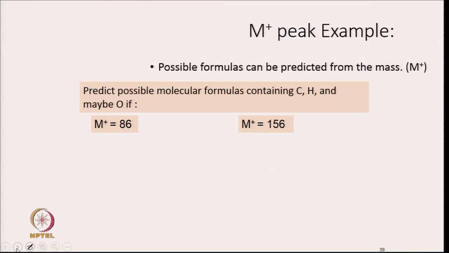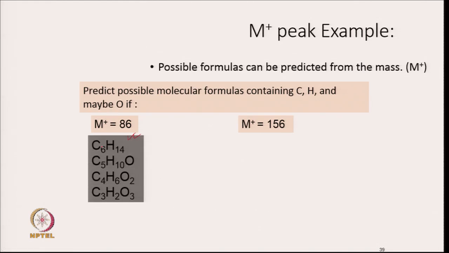Okay, so let us see whether we can predict the formula from the mass. Suppose your molecule has carbon, hydrogen, or maybe oxygen. If M plus is equal to 86, then your formula can be C6H14, C5H10O, C4H6O2 or C3H2O3.